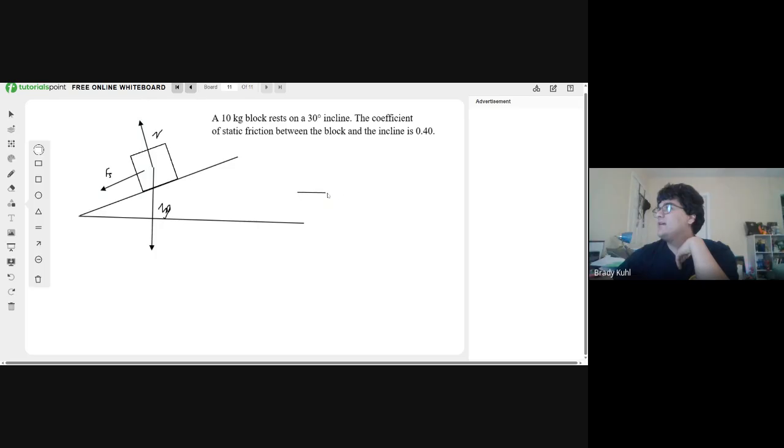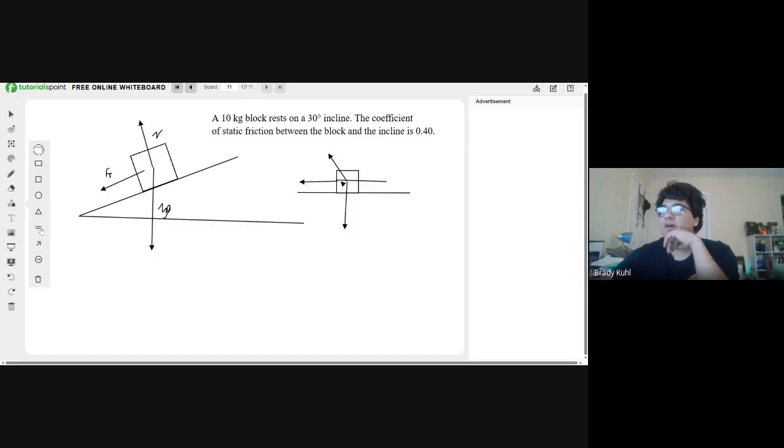We have mg, the normal force, and static friction, and two other lines to try to describe it.